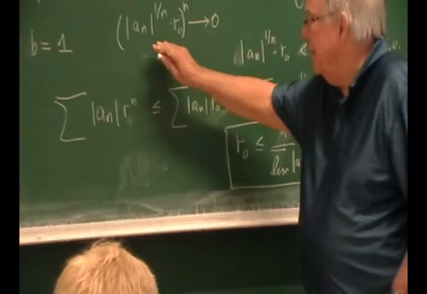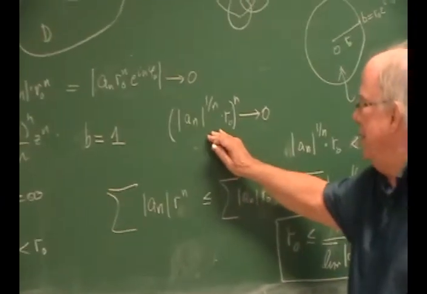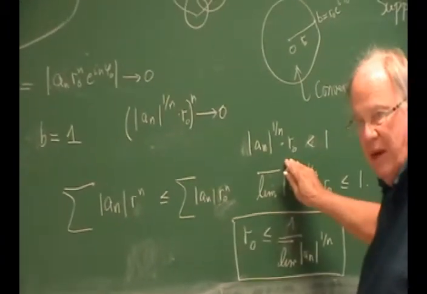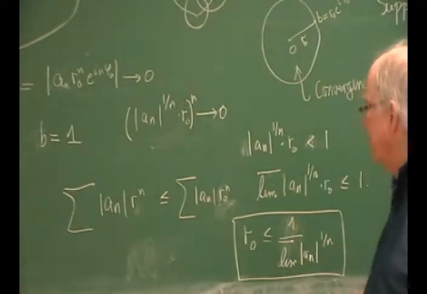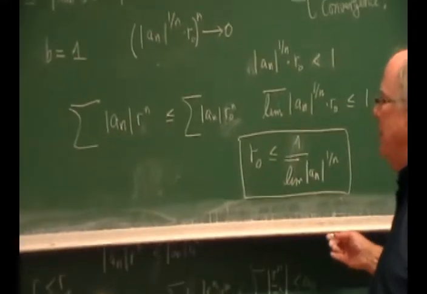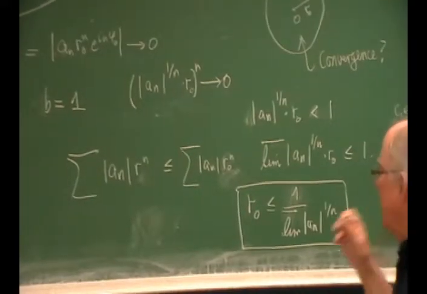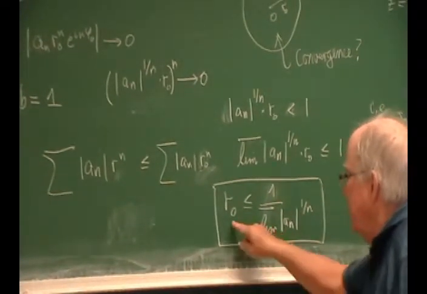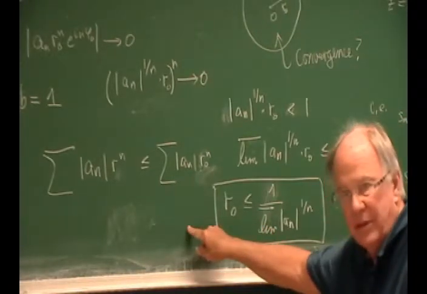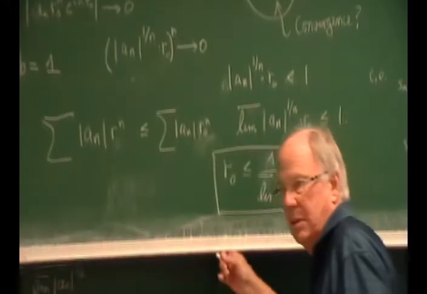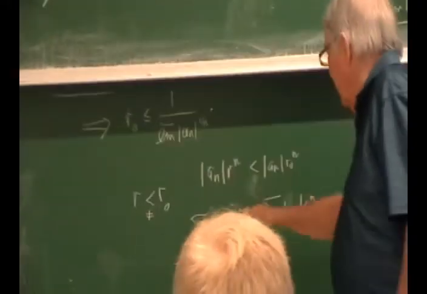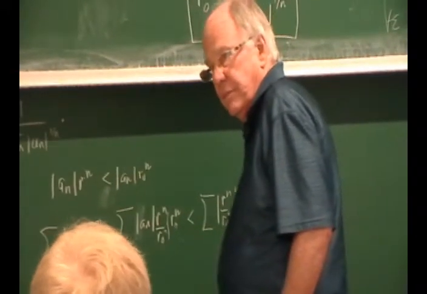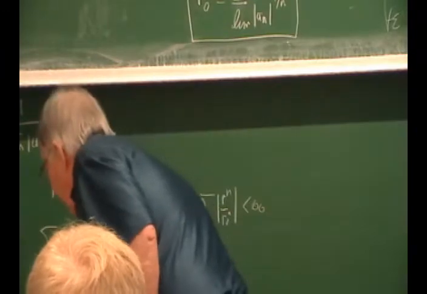So let's start again. If this thing really is converging, then you have a bound on R0. That means that R0 has to be less than or equal to this thing. But if r is strictly less than R0, then this converges anyway. So let's see here.